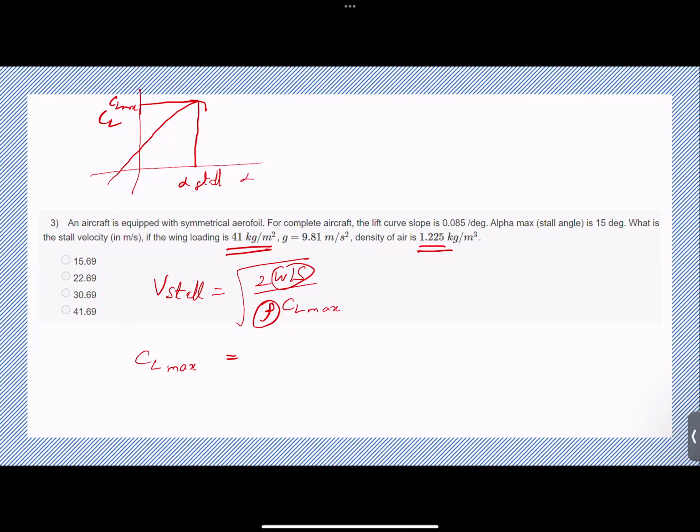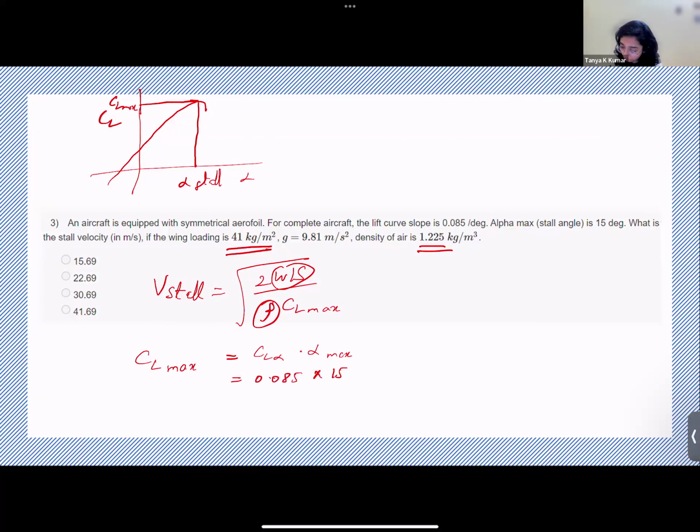CL alpha into alpha. Correct. So it's just CL alpha into alpha max. Here it is 0.085 per degree and this is given as 15. So how much would this be? 1.275. Plug that in here.